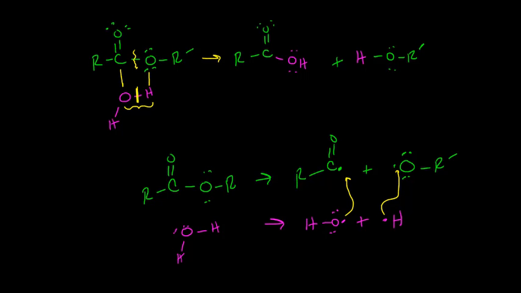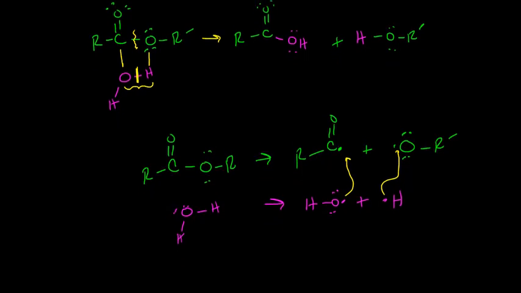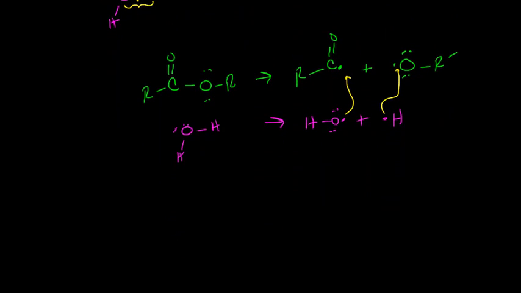A couple of videos ago we described this process in terms of the bond enthalpies. Just to explore this a little bit further, this first reaction, breaking a carbon-oxygen bond, requires 352 kilojoules per mole of energy.